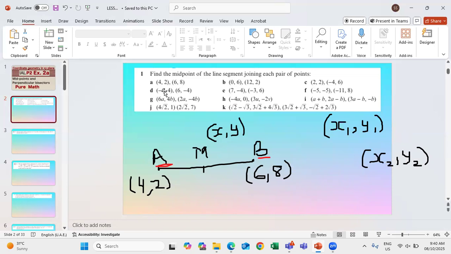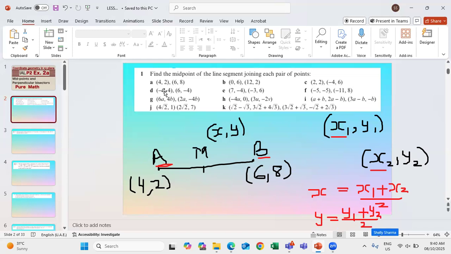The midpoint's x coordinate you obtain by adding the x values of both endpoints and dividing by 2. In the same way you find the y value by adding the y values of both endpoints and dividing by 2.